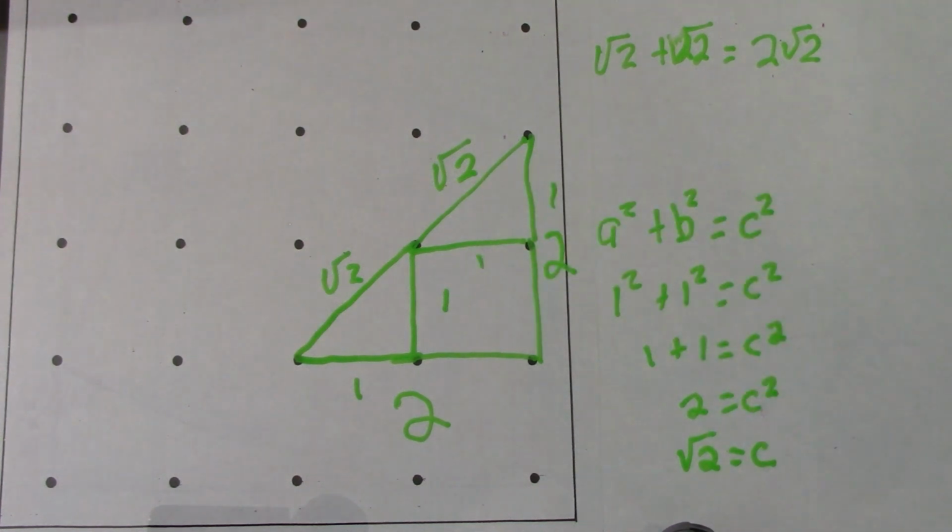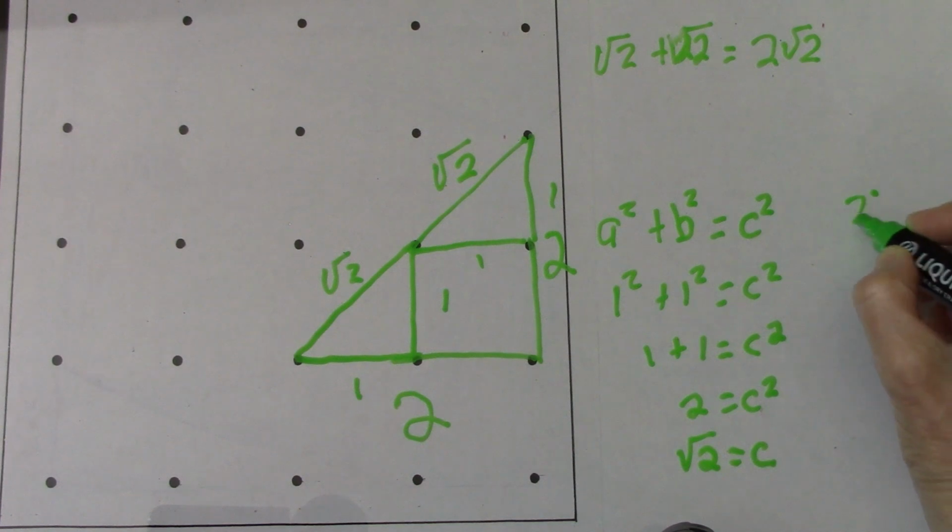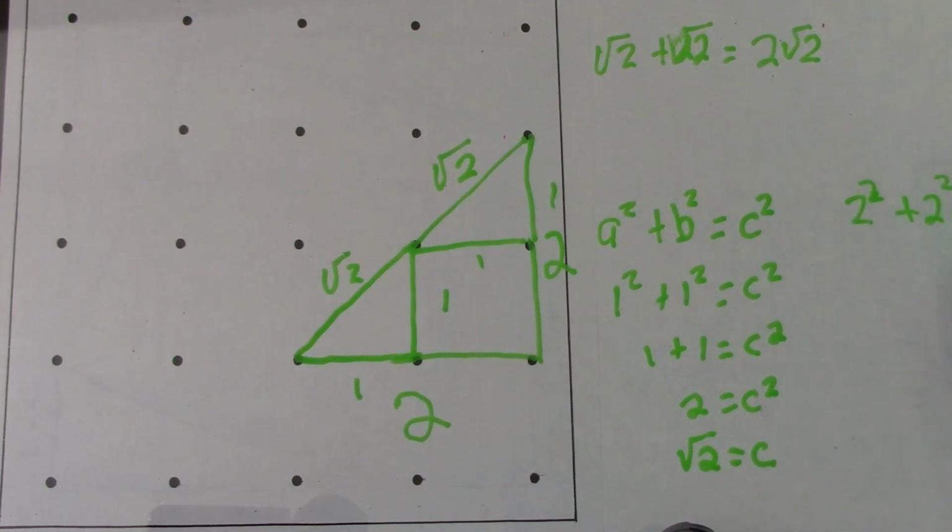Then this gives me 2 squared plus 2 squared equals now my new c squared, which I'll call d squared. And this gives me 4 plus 4 equals d squared. And this gives me 8 equals d squared.